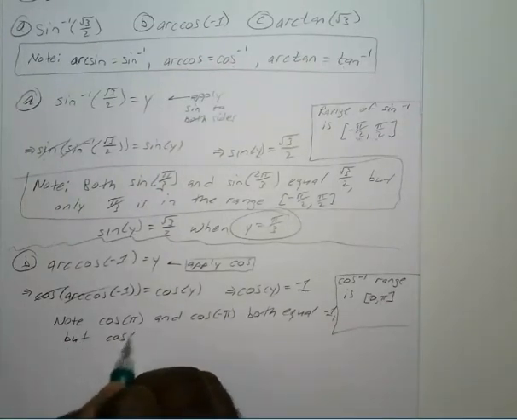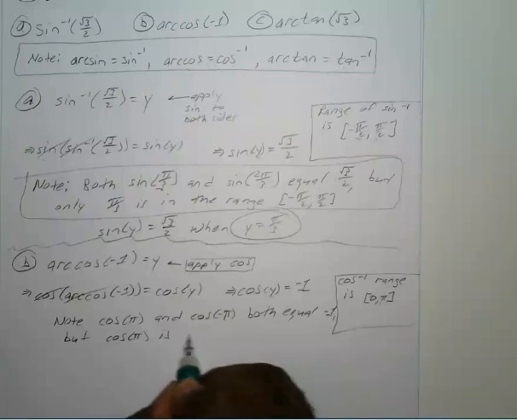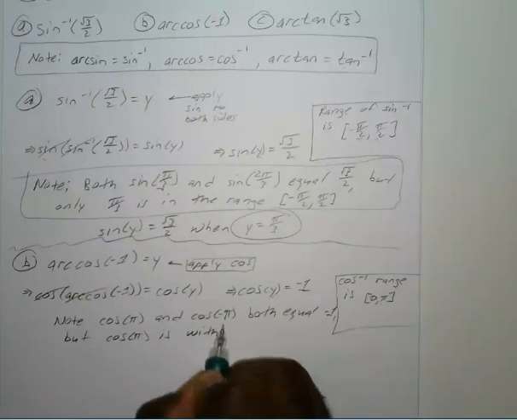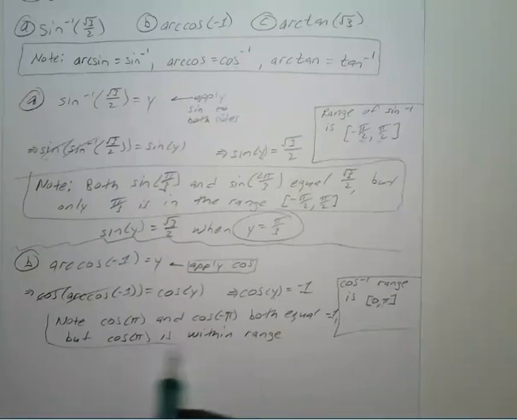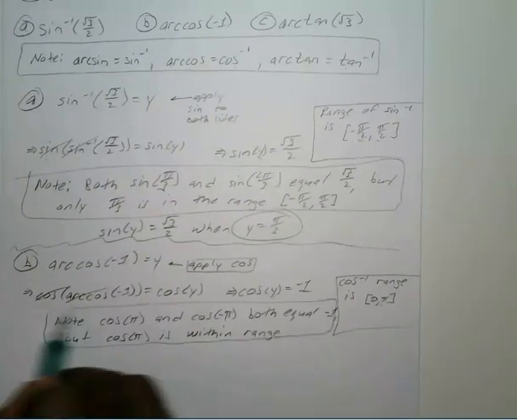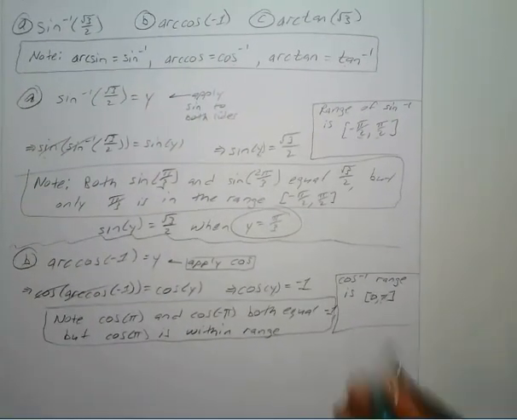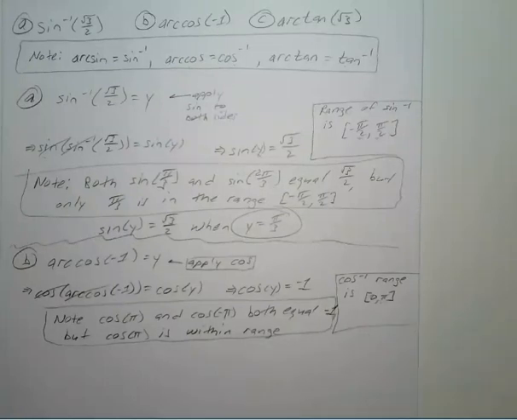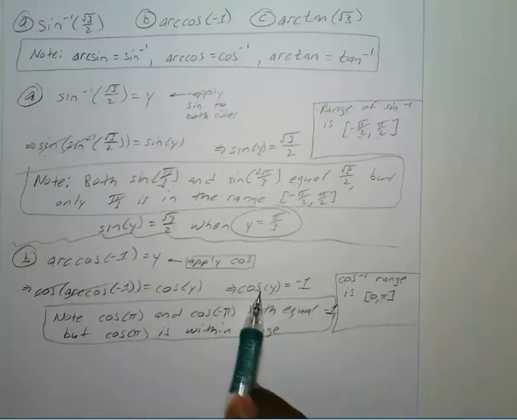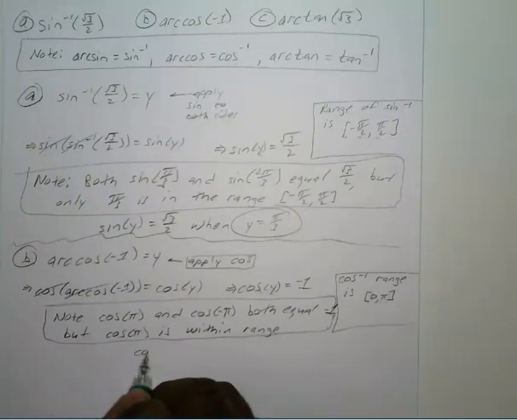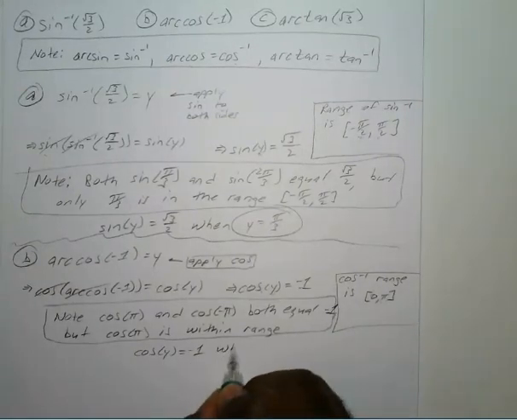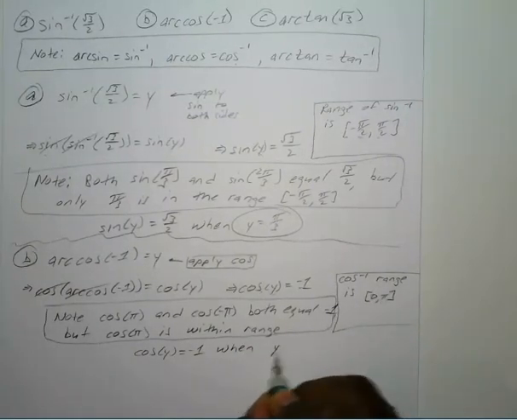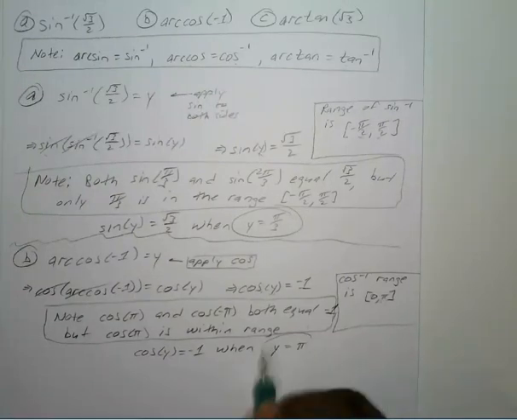But only cosine of pi is within the range. That's the key there. So if cosine of y equals negative 1, that's only when y is equal to pi.